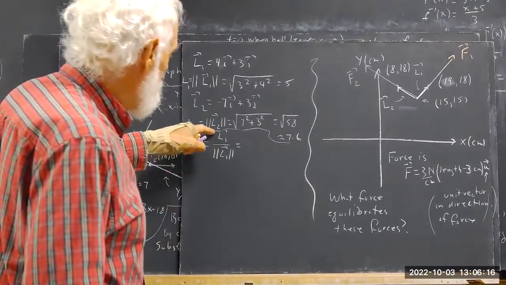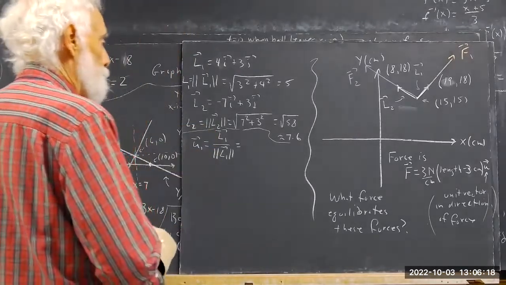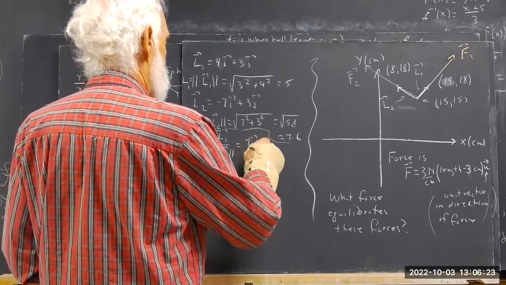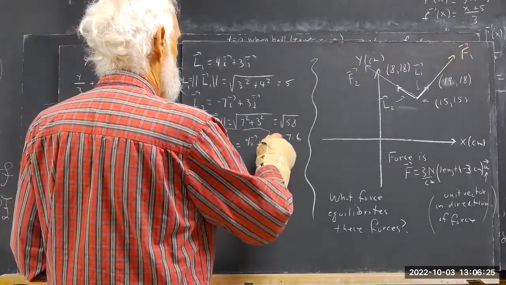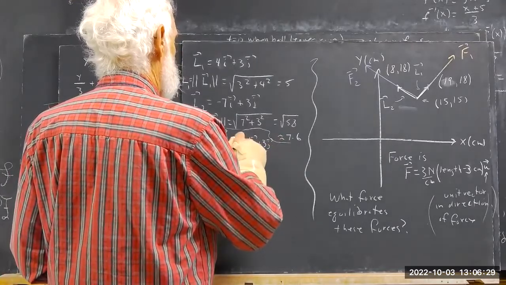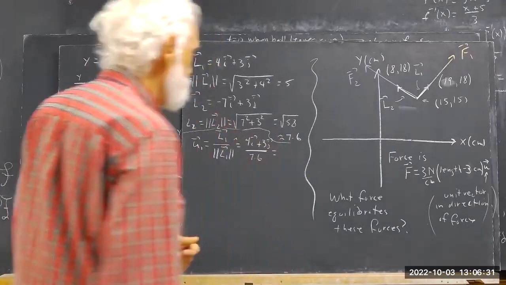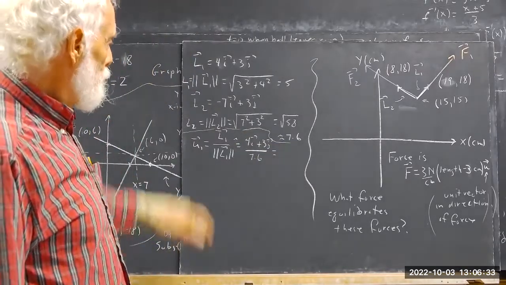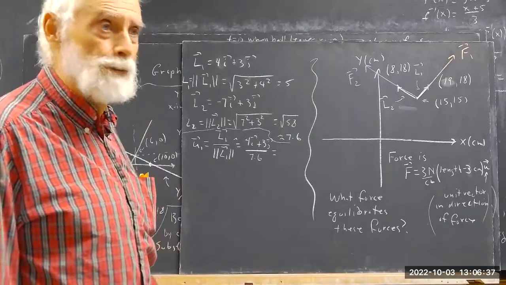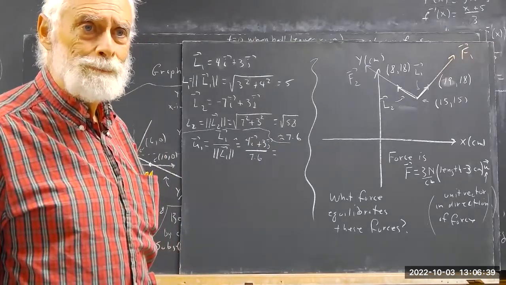Now, you divide L1 by this. So L1 is... now it's natural that you want to find the angles of these things and use your sines and cosines. That just confuses the issue.